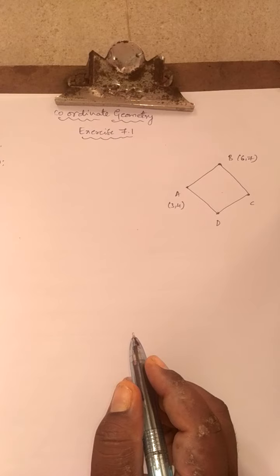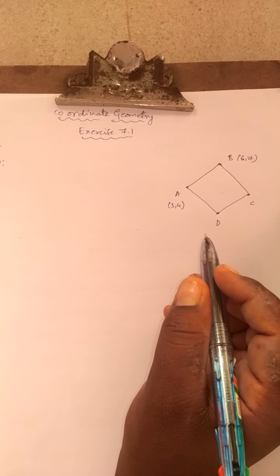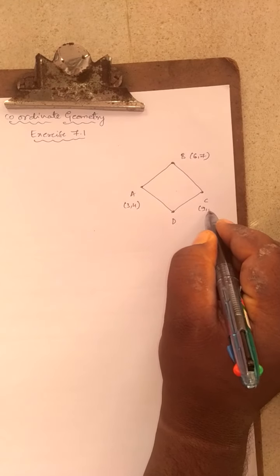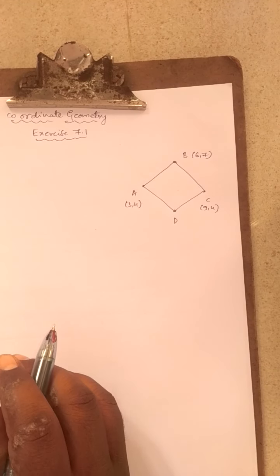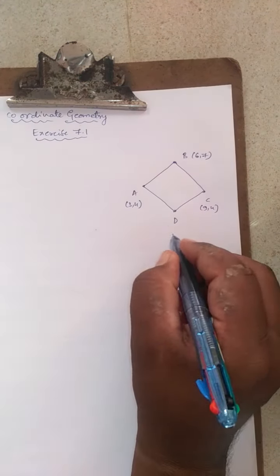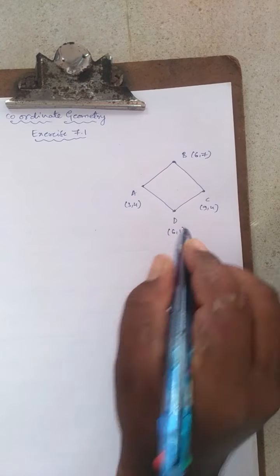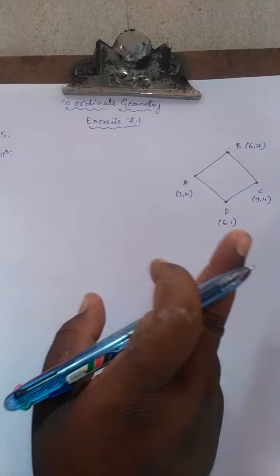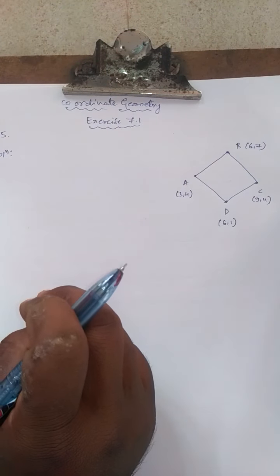Point C is (9, 4). And point D is (6, 1). So what we have to prove here is whether these coordinates are going to form a square or not.